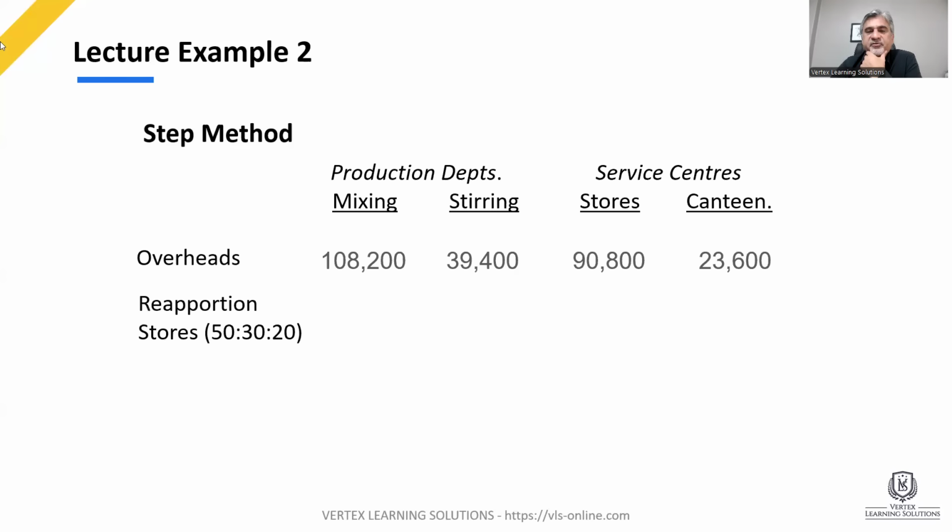So reapportionment ratio of the stores department. So this is stores, and their reapportionment ratio is 50-30-20, which means 50% of this should come here, 30% of this should go there, and 20% should go there. Very simple. So it will take 5, 3, 2, total 10. 5/10 will come here, which is half.